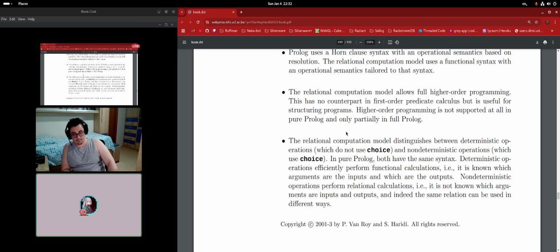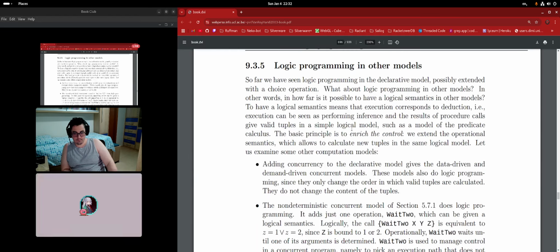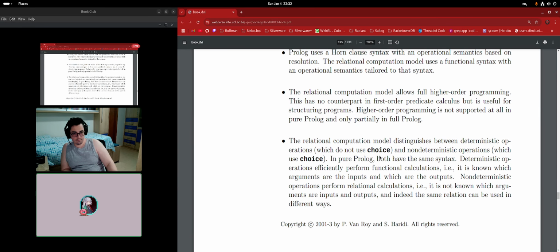So it's not like the relational model forces you, or rather, it's not like you're stuck with one or the other, right? This is more of a detail. The main point is whether or not there is logical semantics to your program, right? I think that's the most important point.